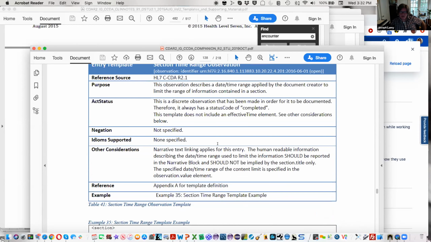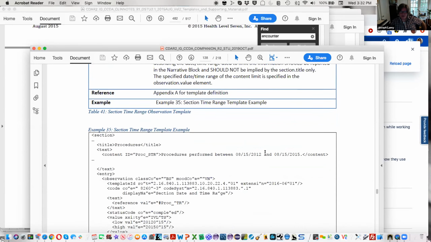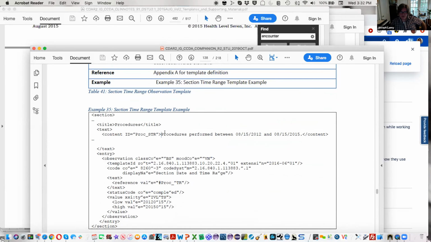So I'd like to see more guidance on how to use this. In fact, here's an example, procedures performed between this. In the case where it's something like the last 5 years not to exceed 25 entries, I think we should have strong requirements to require you to put that in the text, right?